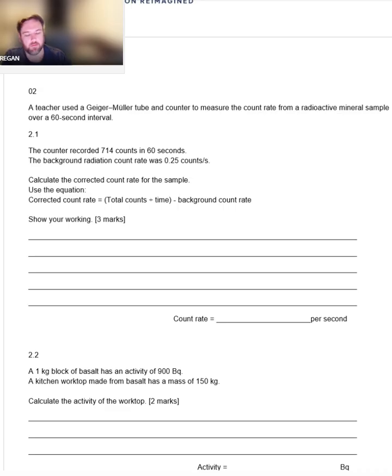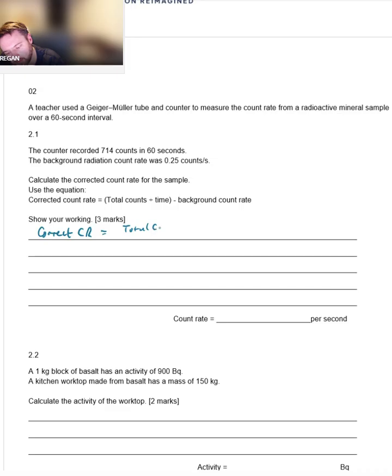Okay, so we'll start off by writing out the formula. So corrected count rate. I know it's up there, but it's good to just follow along underneath. And I'm going to slightly change it just to use a fraction.